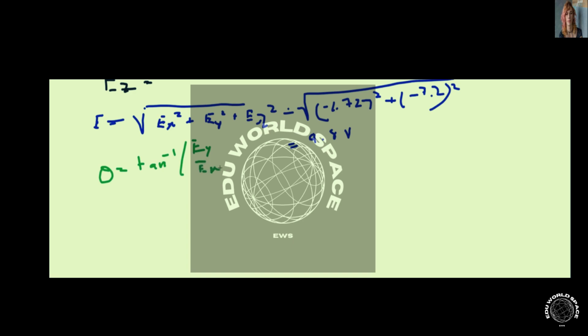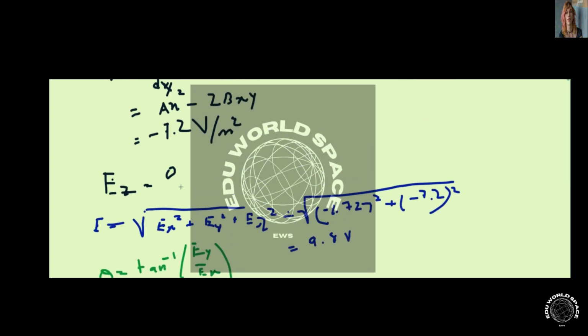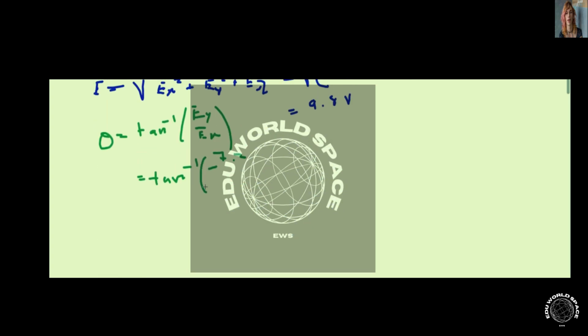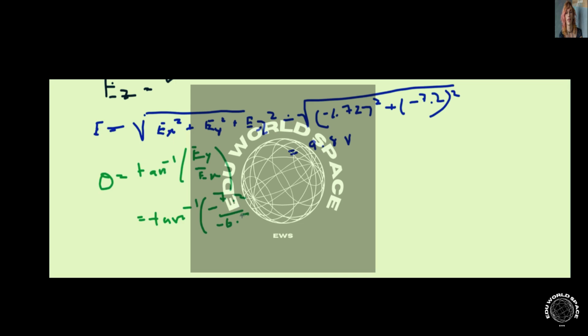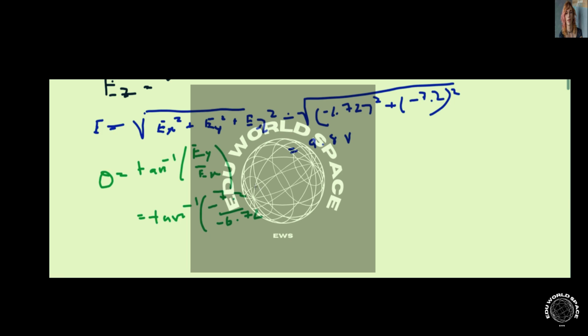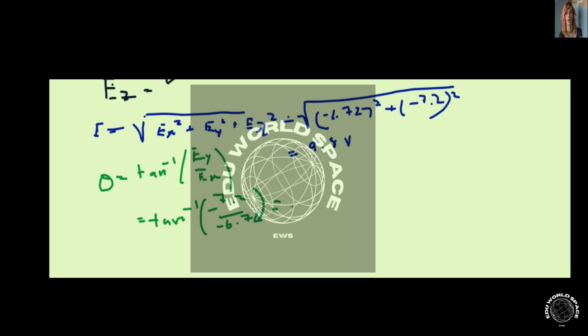This is just to find the direction, since these two are the sides of the triangle, if you could imagine it like that. Now if you substitute the values we got from the previous equation, tan inverse of negative 7.2 over negative 6.72. And now if you compute this, we find that it's equal to 47 degrees.